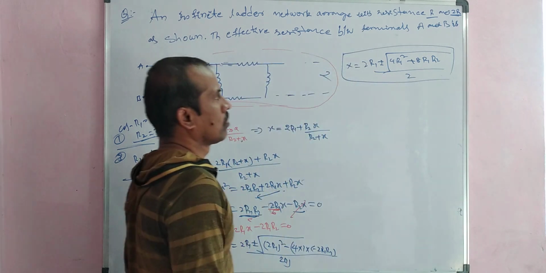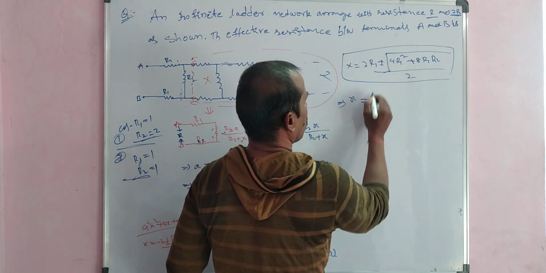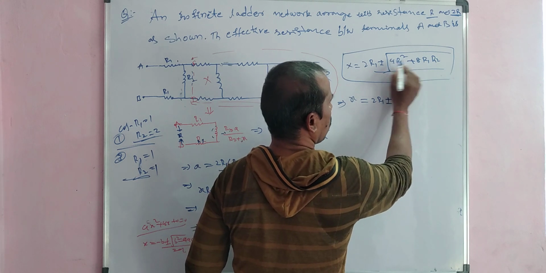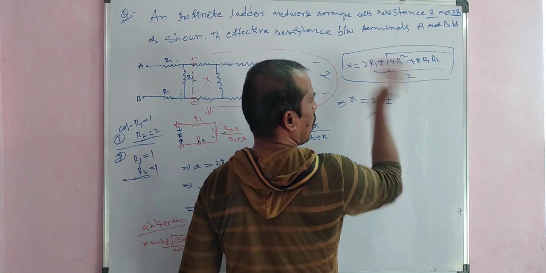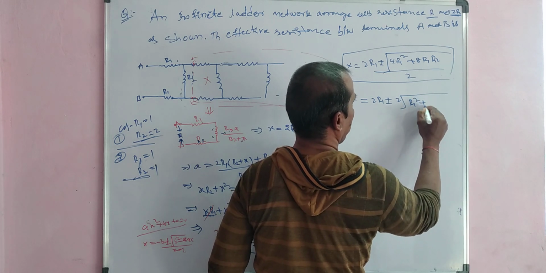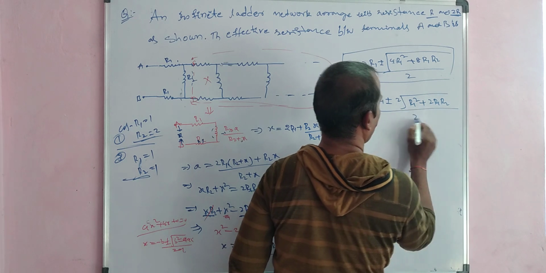Next step, simplifying: x is equal to 2r1 plus or minus under root of 4 common, that is 2 times under root of r1 square plus 2r1r2, by 2.